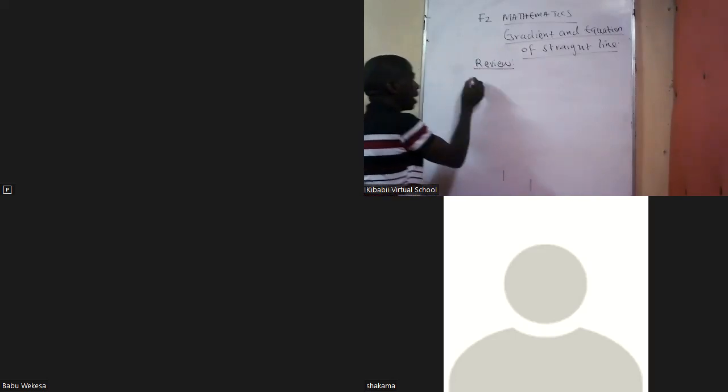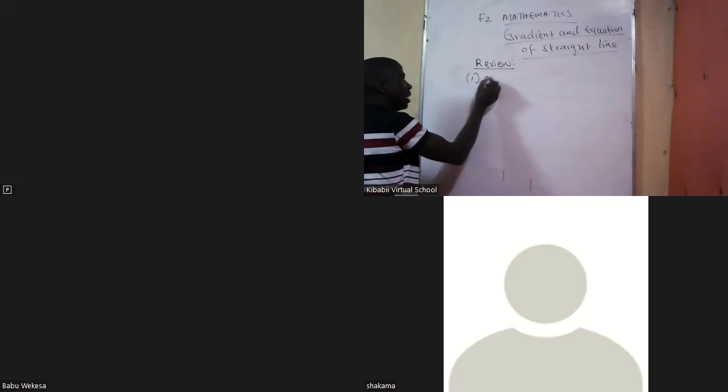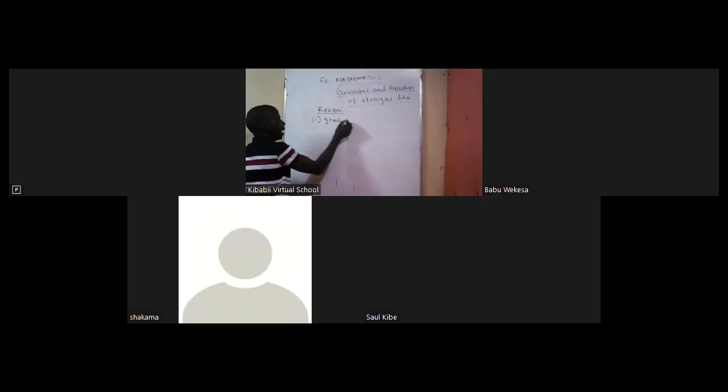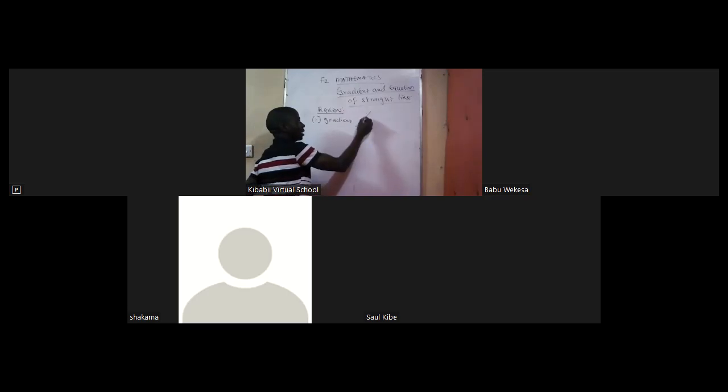So we began by looking at what we call the gradient. And we said that the gradient of a straight line is given by the change in y all over the change in x.